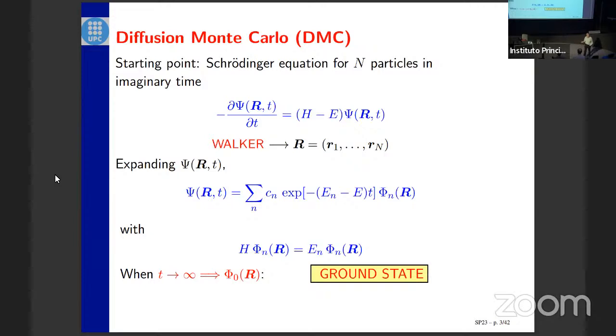So you are really solving the many-body Schrödinger equation that you know is very hard to solve. For bosons it is exact within a statistical noise. For fermions, we have the same problem that Silvio also commented, which makes the solution just an upper bound. A good upper bound, but an upper bound.